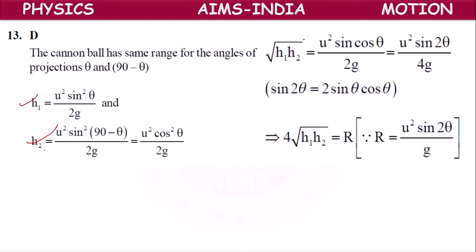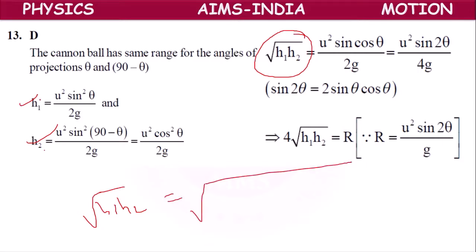If we calculate the root of h1 into h2, then what happens? Root of u square into u square, whole square, sin square theta into cos square theta.